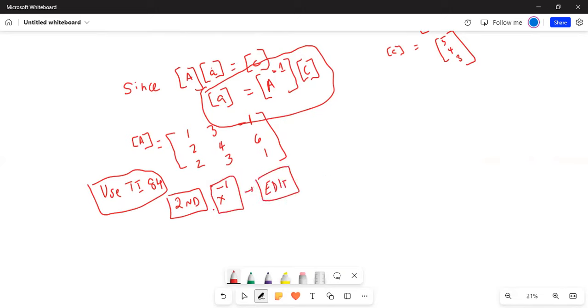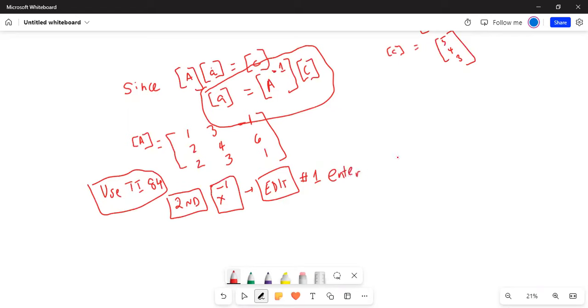The second button, X minus 1, highlight edit, and then number 1. When you do that, enter number 1, and enter.